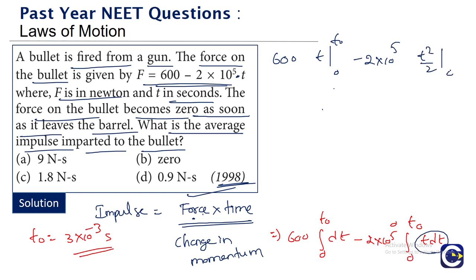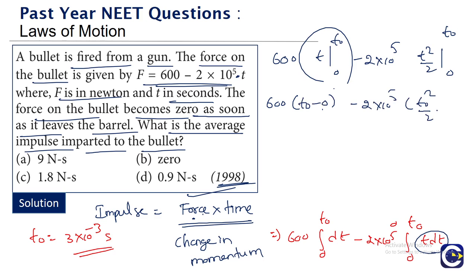T square by 2, this also has limits. Limits means always it will be the final limit value minus initial limit value. So what is it? 600 into t naught. T naught is 3 into 10 power minus 3, minus 2 into 10 power 5 into t naught square by 2.